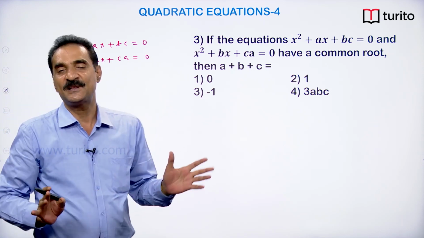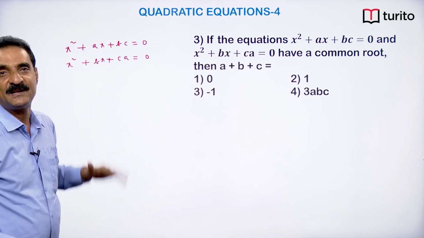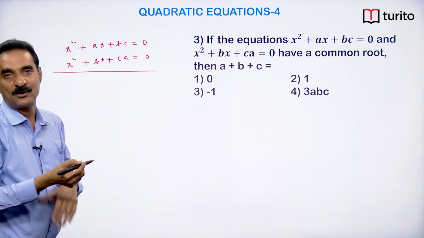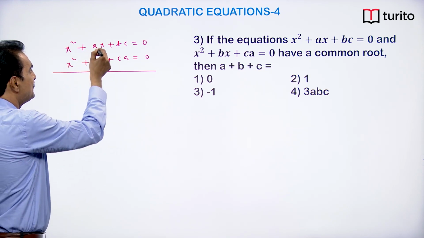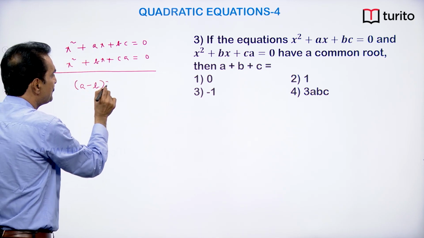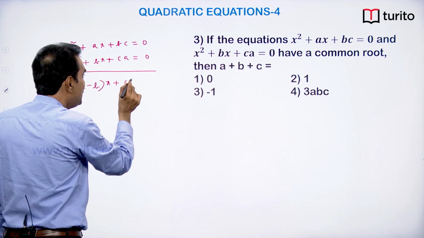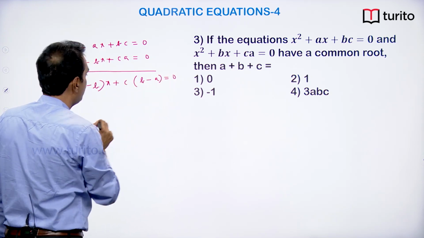Let us try the first method only, no condition, because the x square term can be directly cancelled. I will subtract these two and get the common root, if there is a common root. Subtracting, I will get a minus b into x plus c into b minus a is equal to 0.